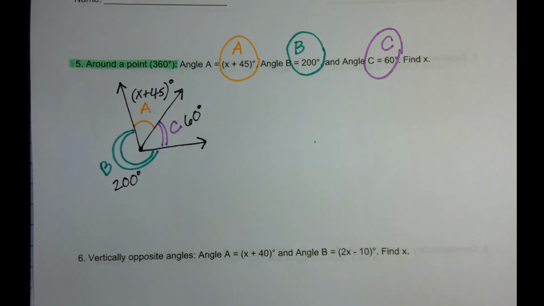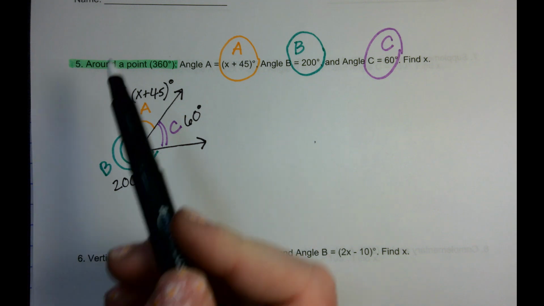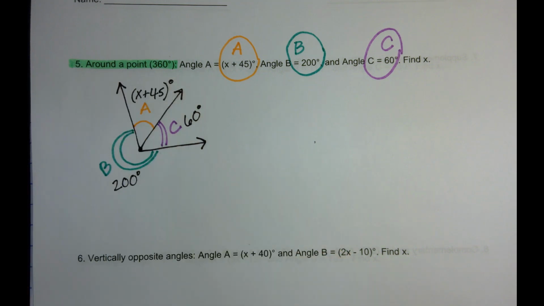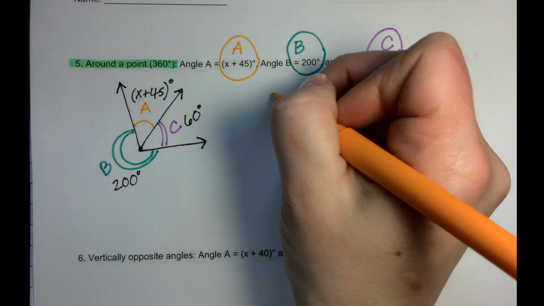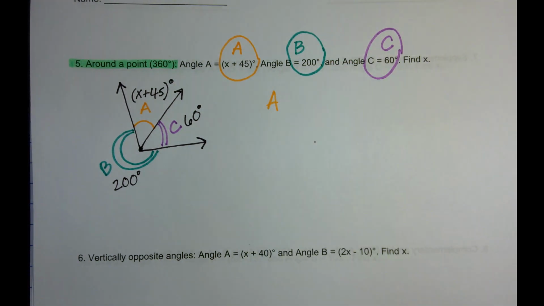Without using any of the numbers, just using A, B, C, what equation can I write about A, B, and C using the number 360? X plus 45 plus 200 plus 60. That is correct, yes. But again, that's a little bit a step ahead of what I was asking, but that's okay.